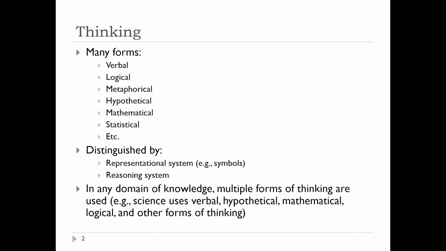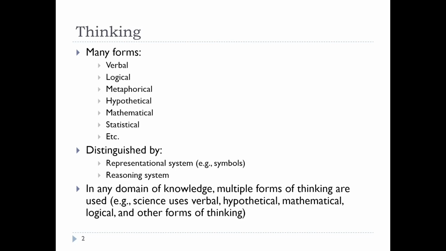And so any form of thinking that we do usually has some kind of representational system or symbols that goes along with it, and some kind of way of reasoning, right? And so thinking is any domain of knowledge. Multiple forms of thinking are used. Okay, so science uses verbal, hypothetical, mathematical, logical together, right?